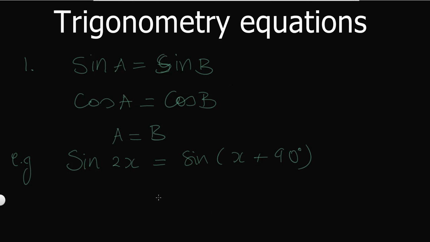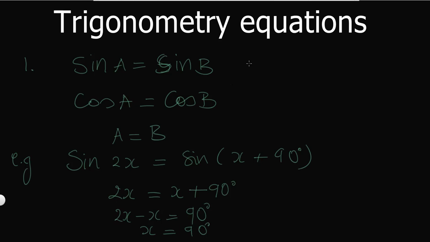Okay, so what that means, you have 2x equal to x plus 90, because we have a sine, so these two are equal. So when you transpose, you have 2x minus x equal to 90 degrees. So x should be equal to 90 degrees.